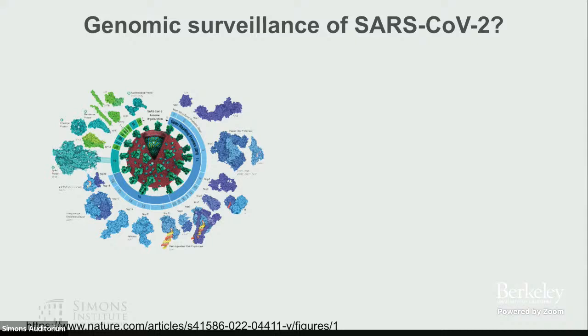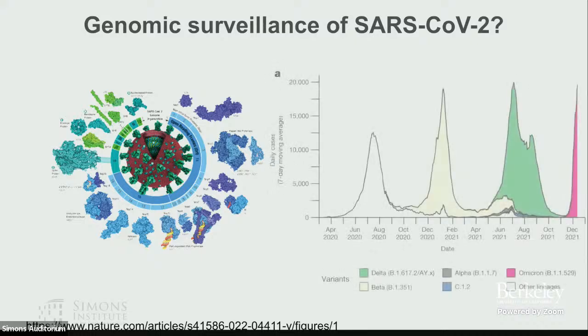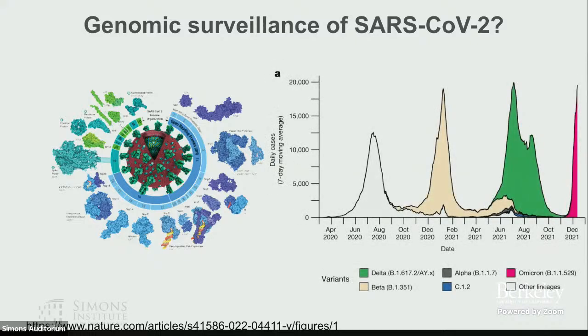SARS-CoV-2 is obviously an incredibly serious public health threat. And today, I don't know if people really remember how Omicron was first identified in South Africa. It was identified clinically. It was not first identified genomically.